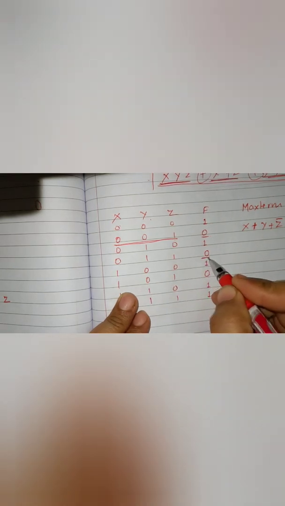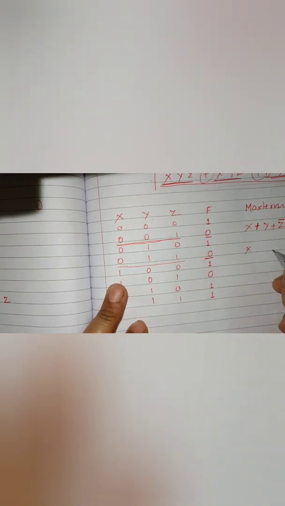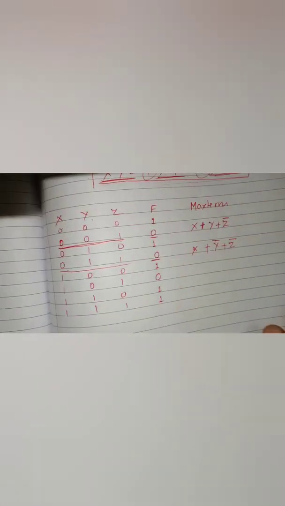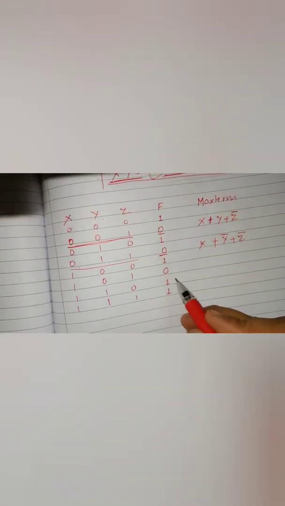Clear? Next, here the result is 0. You can see here 0, 1, 1. So x plus, y is 1 and z is 1, so y bar plus z bar. Next, here is 0.